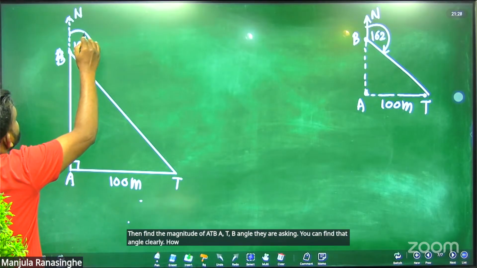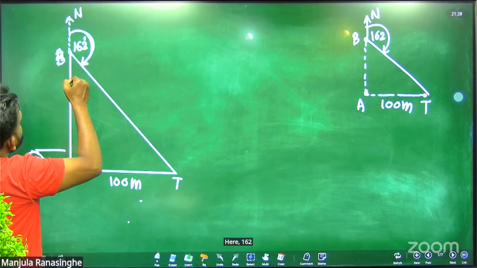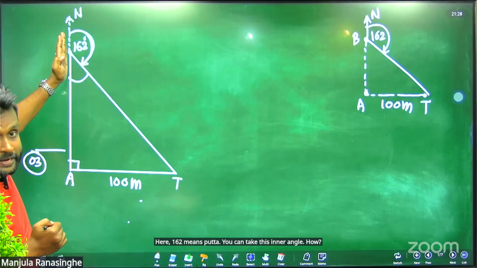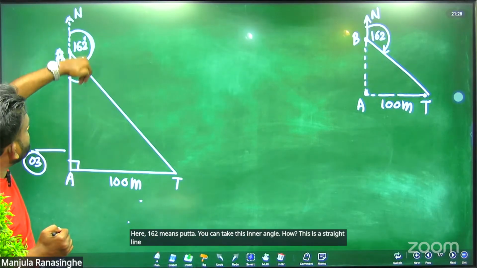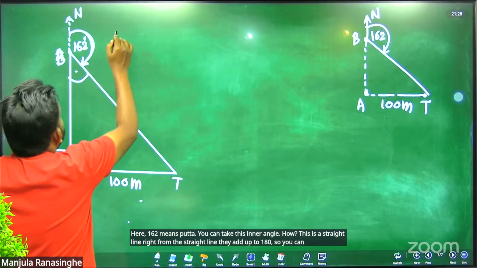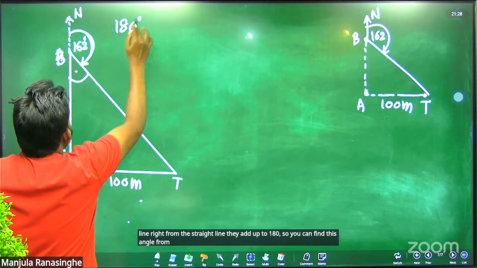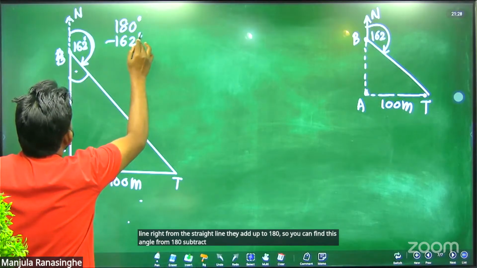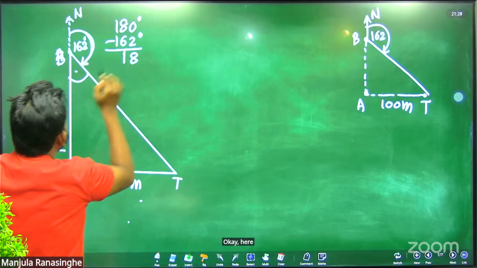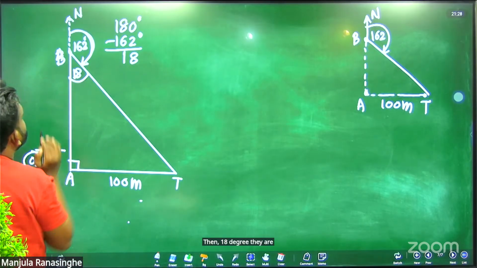Here 162 means you can take this inner angle. This is a straight line, so the angles add up to 180. You can find this angle from 180 subtract 162. So it is 18 degrees.